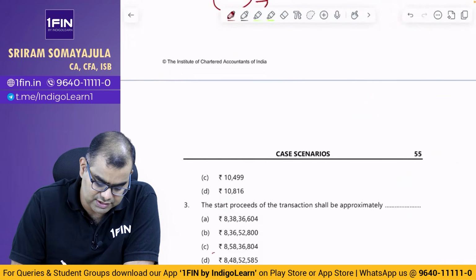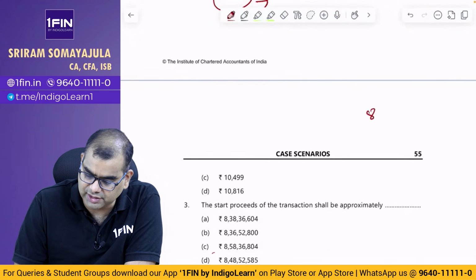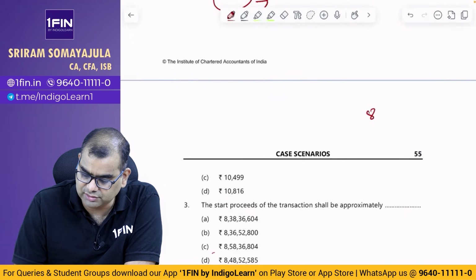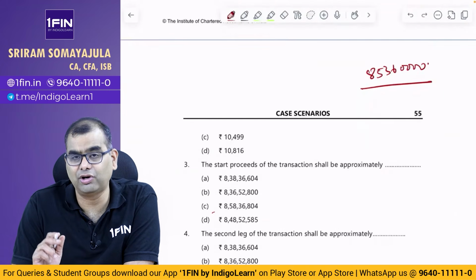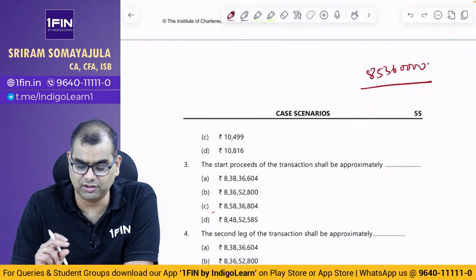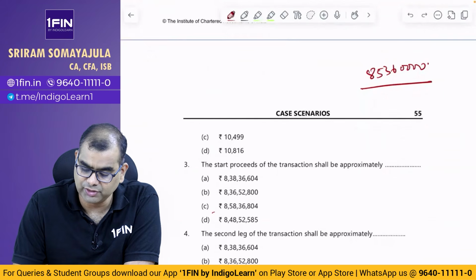So 10,670 divided by 10,000 into 8 crores, 7 zeros, you get 8536 and 4 zeros, so 85360. But you will not get the entire value as the loan. On the market value of the bond, they will reduce 2% and give you, so into 0.98.